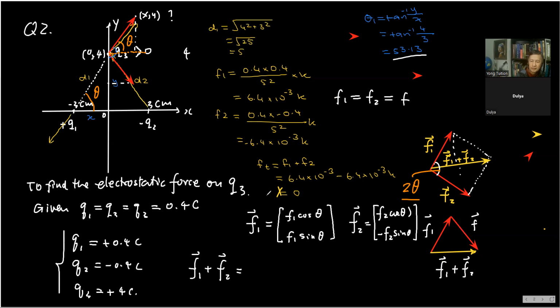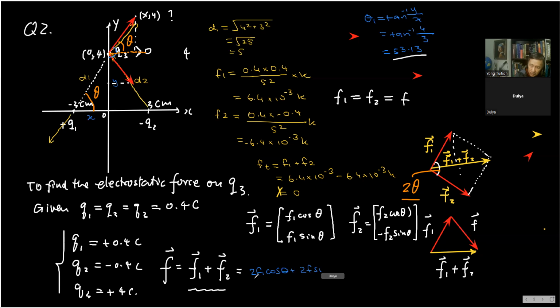It's a constant, so all these F are the same. How can we find the total force? This is the total force. Cosine plus cosine, yes.